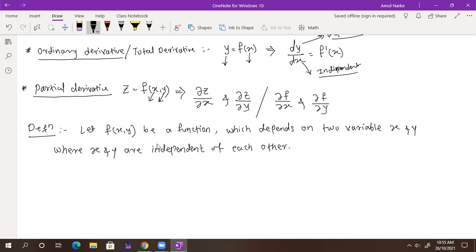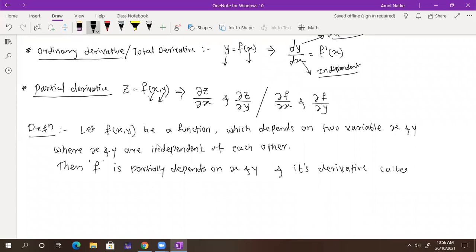Independent of each other. Okay, then we say that f is whatever function we have, and f partially depends on x and y, and its derivative is called a partial derivative.